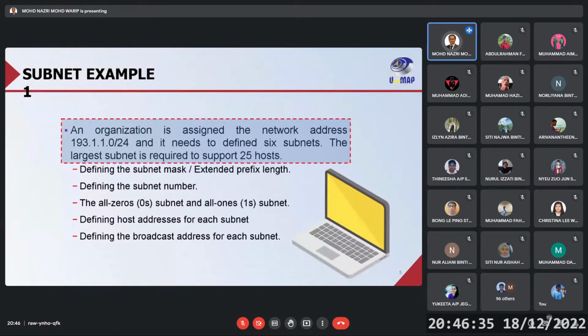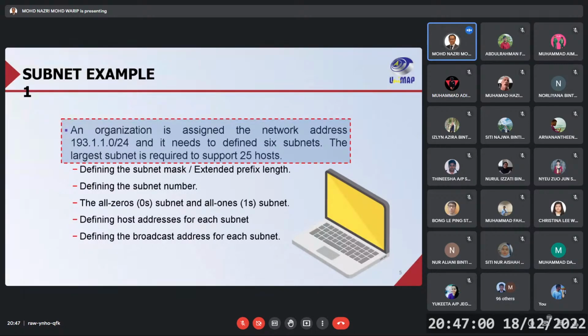6 subnets mean maybe you require branches, because this is a public IP address. Let's say you work in Pos Laju, Pos Malaysia. You require another 6 branches throughout Malaysia, maybe one in Kangar, one in Alor Setar, one in Melaka, one in Johor Bahru, Sibu, Sarawak, maybe in Kota Kinabalu.